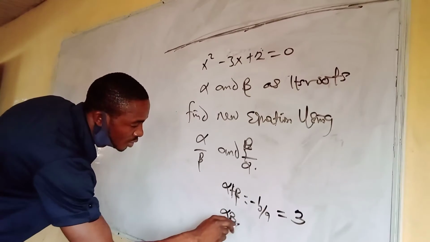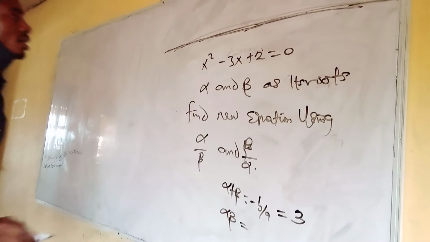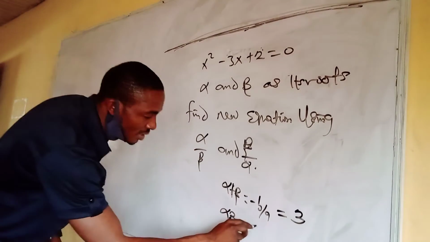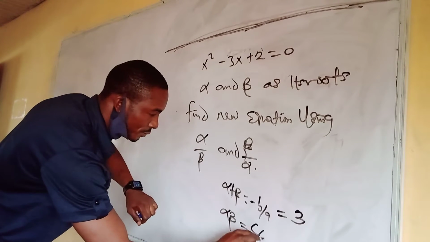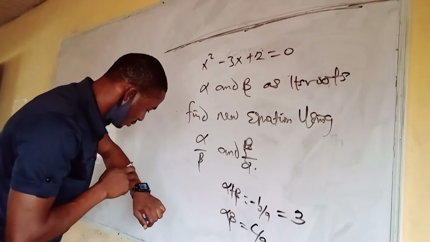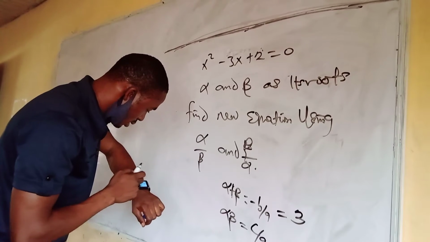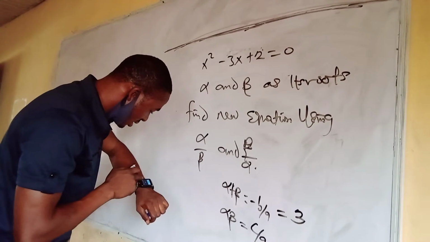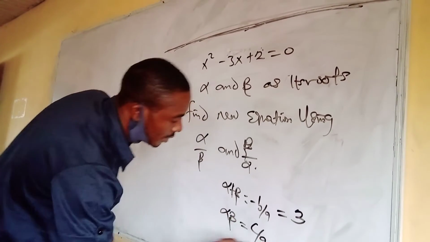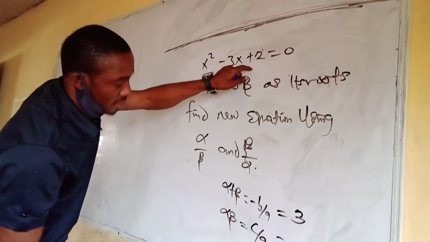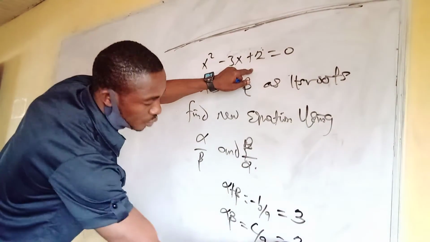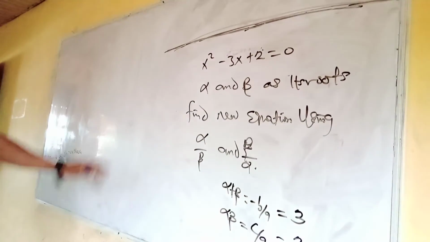That is a. And alpha beta, which is the product of the roots, is given as c over a. That can be said as 2 over 1, which is 2.